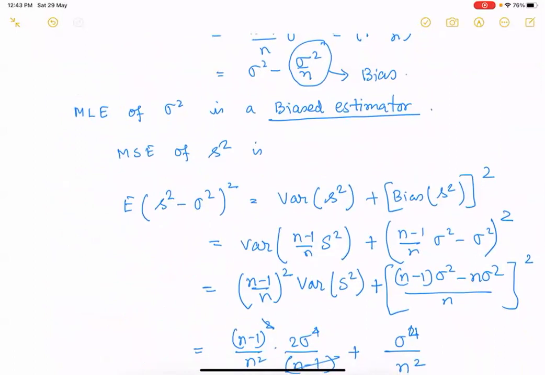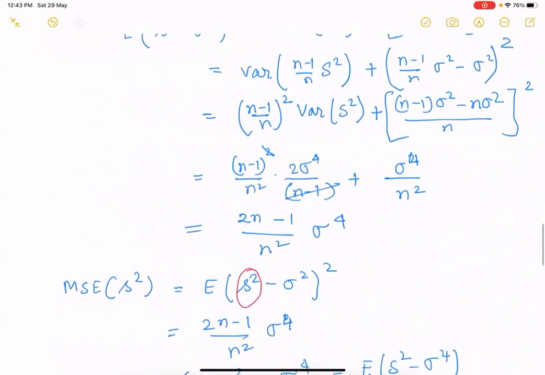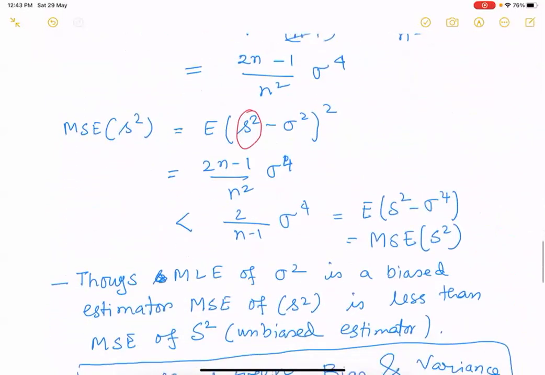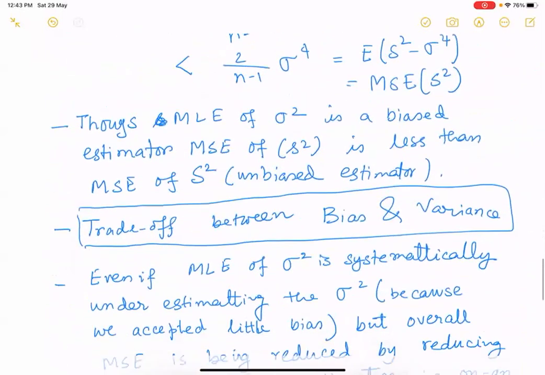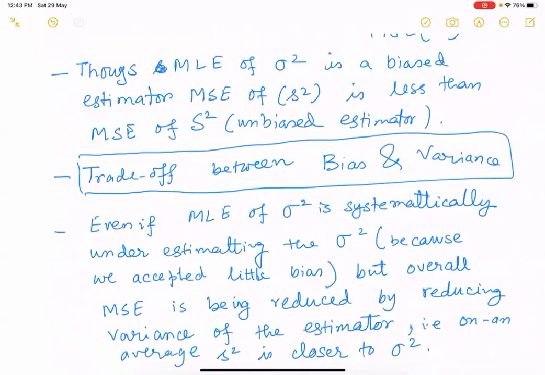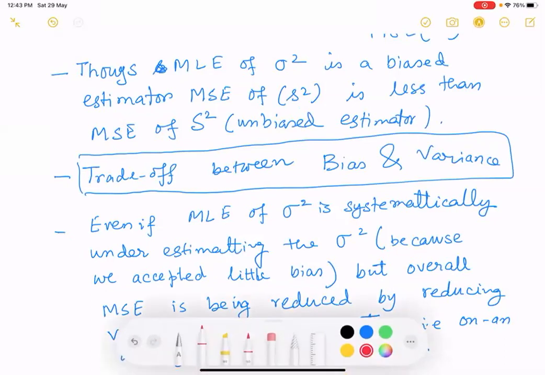And that is where the concept of trade-off between bias and variance comes in. In machine learning, almost every book or course spends a lot of time on this one. Trade-off between bias and variance.